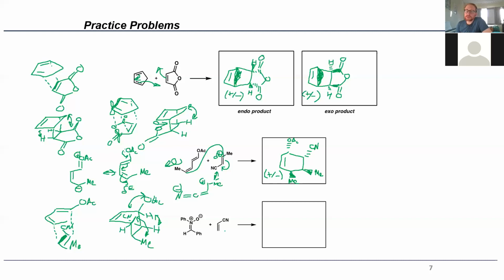The last example here is a dipolar cycloaddition. The same endo-exo selectivity rules apply. Notably, in these systems, the side with oxygen is delta minus, because oxygen has a negative charge. And this is once again delta positive.